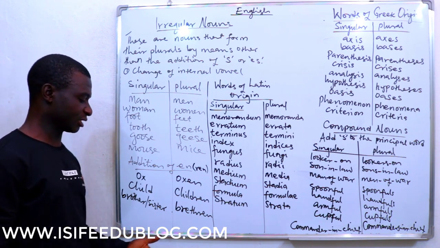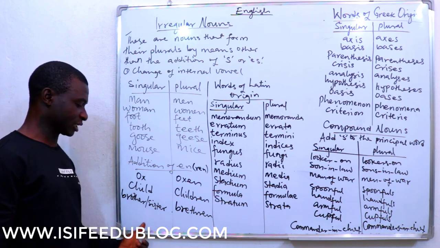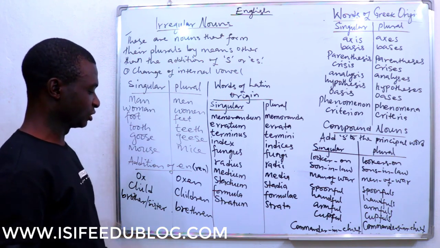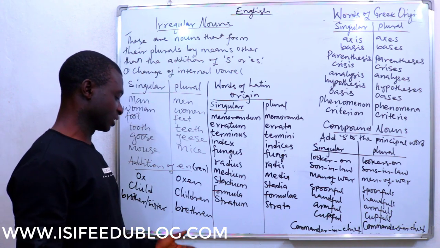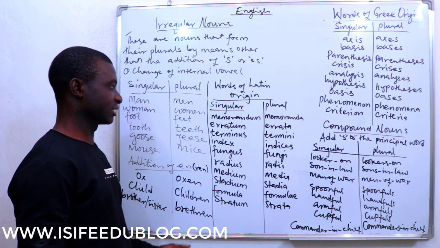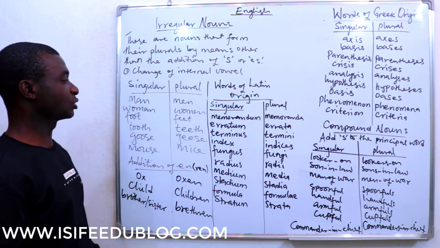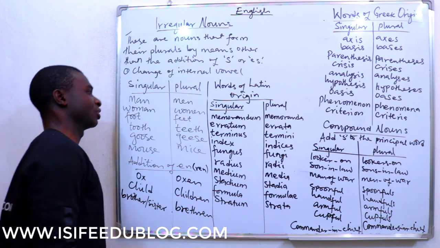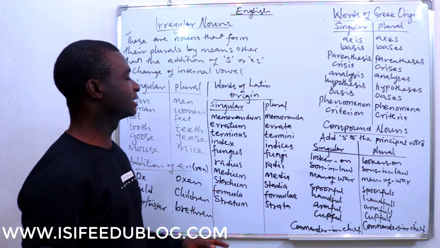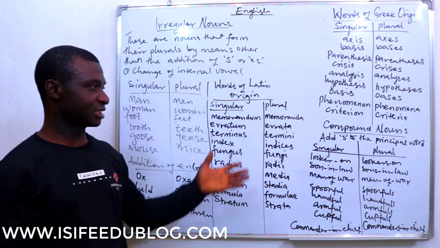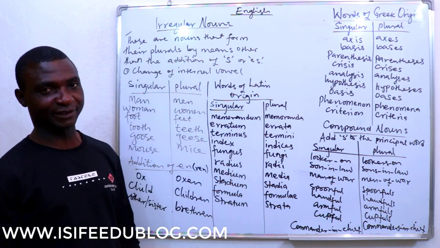To make the plural form of brother or sister in religion, Christianity for instance, they usually say brethren, right? Then there is also a behavior associated with origin of words. So words of Latin origin, for instance, behave like this.